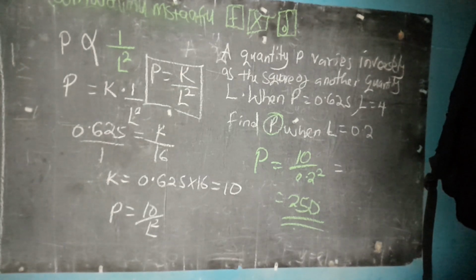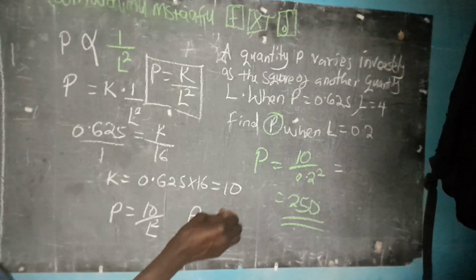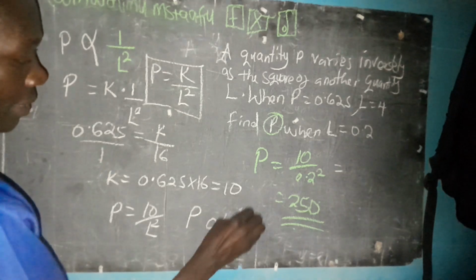And that's how we do variation. This one was just our inverse variation. We have the other one, which is direct variation. For example, we can say P varies directly as the square of L. So it just varies as L squared.